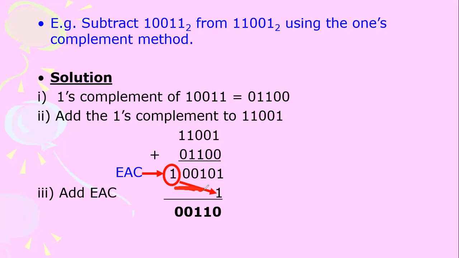1 plus 0 is 1. Then 0 plus 0 is 0. Then the other one is 0 plus 0 is 0. So we get 0, 0, 1, 1, 0.